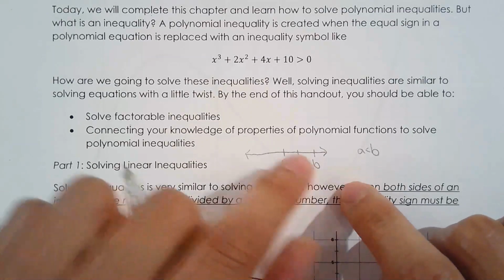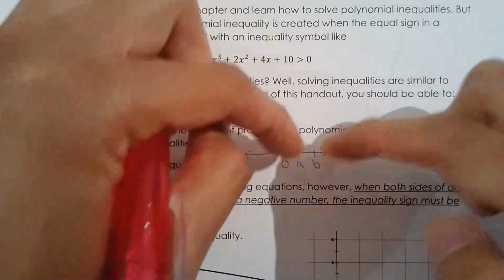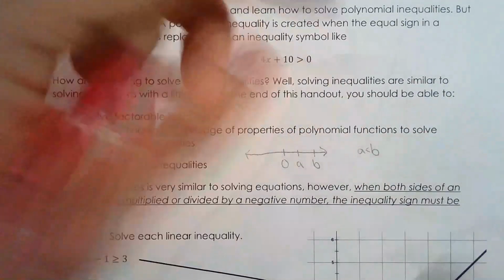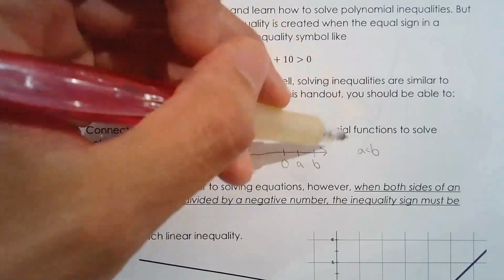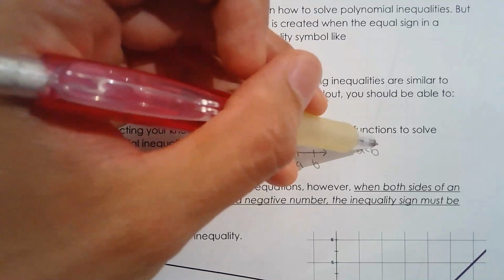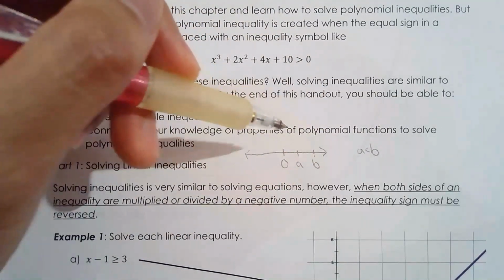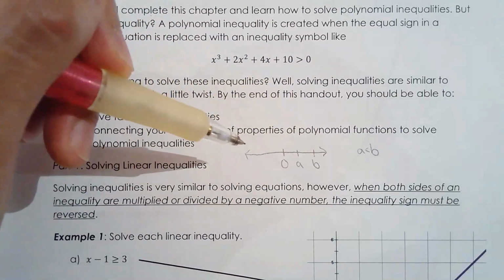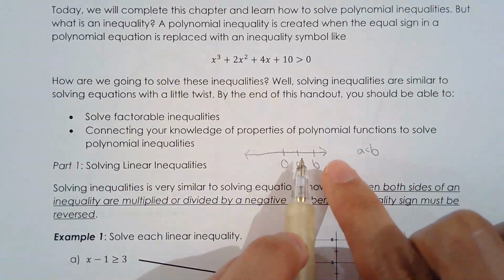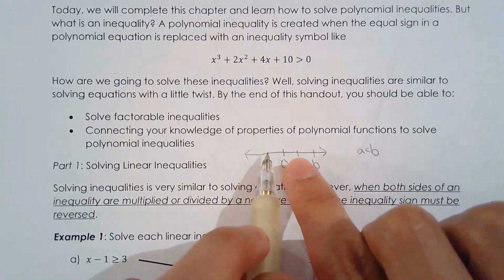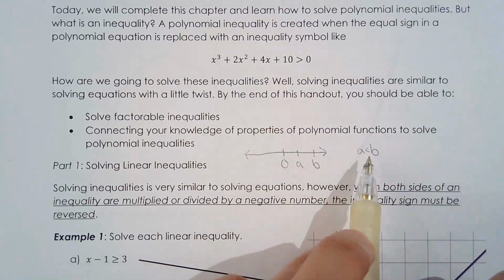Hopefully you can see in the number line, if I move both 2 units to the right, the left side will still be less than that of the right side. And if you subtract both sides by some value, this inequality is still true.